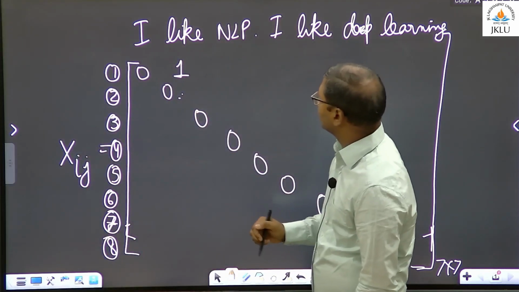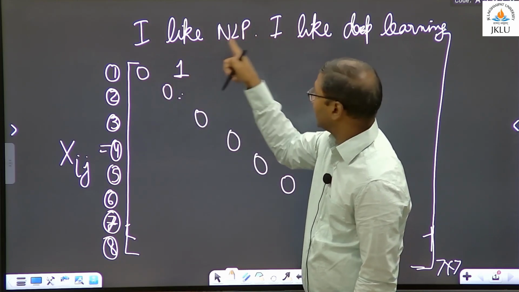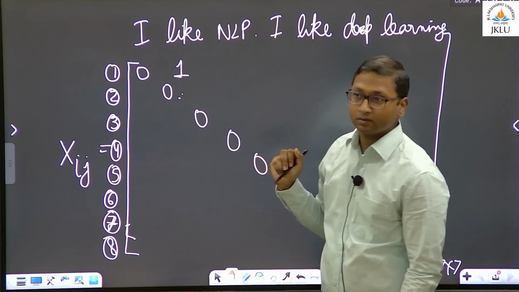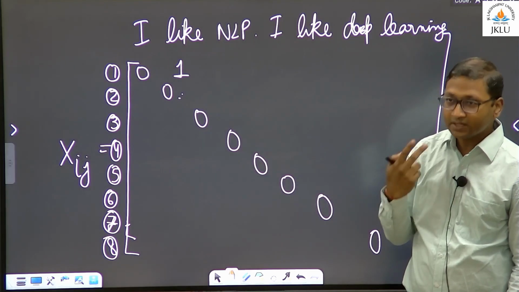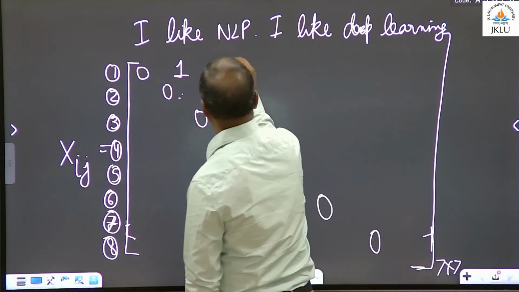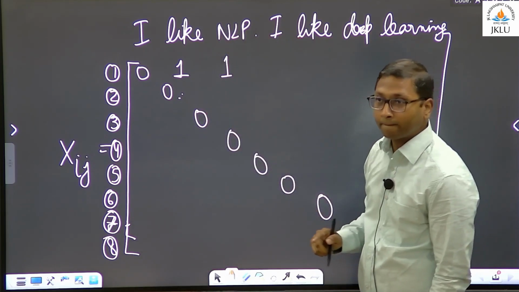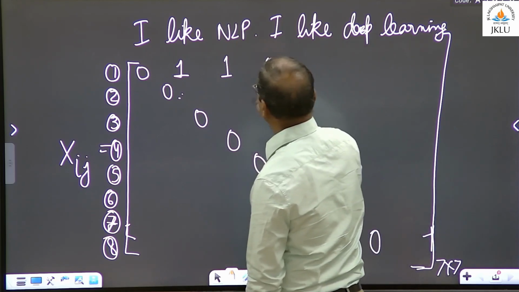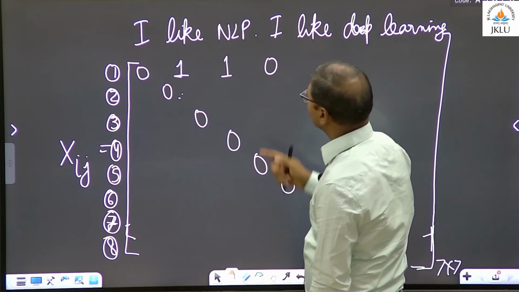Okay? I, NLP: 1, why 1? Context window size is 2, that's what we are assuming. So 1. I in the context of I? No, because we are just taking a context window size of 2, and so on. So this is done.